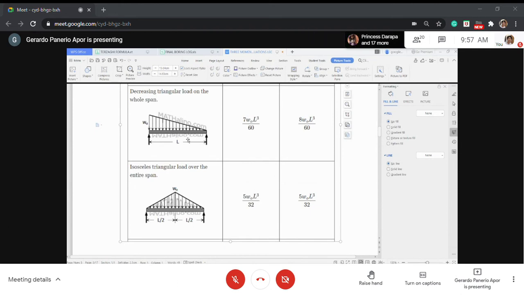Control X, and I will paste it here. Cut. Then I'll go back to the Word document.